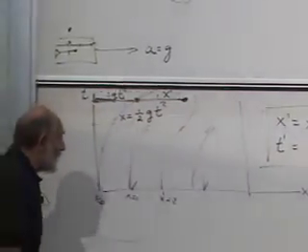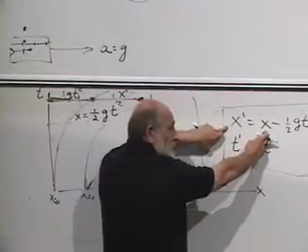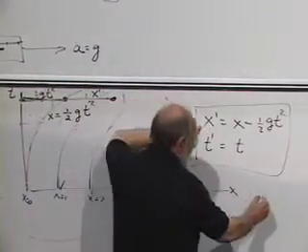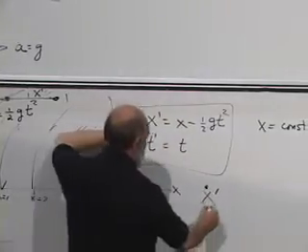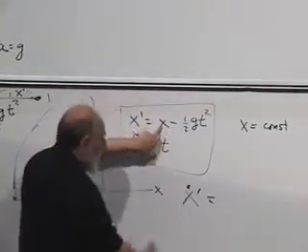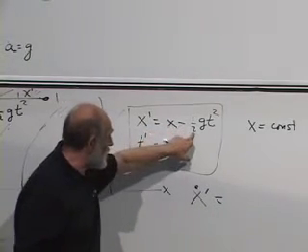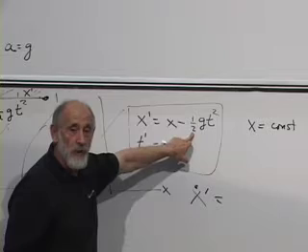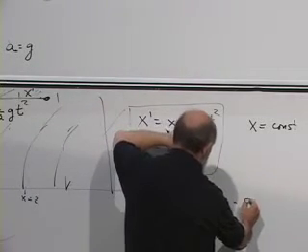What does it say about the velocity? If x is standing still and we differentiate this, we get the velocity in the primed frame of reference, from differentiating x, standing still in my frame of reference. But what happens if we differentiate minus 1/2 gt squared? Minus gt.